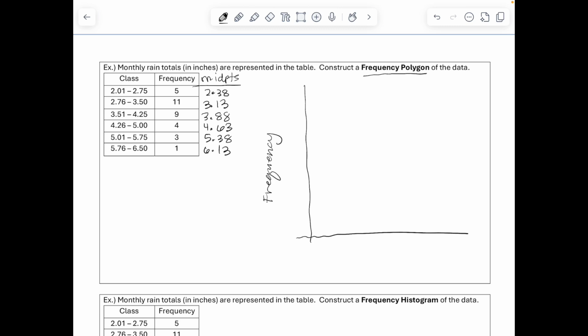If it said relative frequency polygon, then we would have had to calculate those relative frequencies, but this one's only asking about frequency polygon. So the frequencies, the smallest number we have is a 1, and it goes all the way up to 11, so I'm just going to count by ones. So 1, 2, 3, 4, 5, 6, 7, 8, 9, 10, 11.